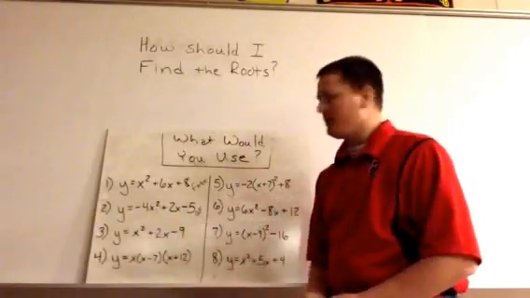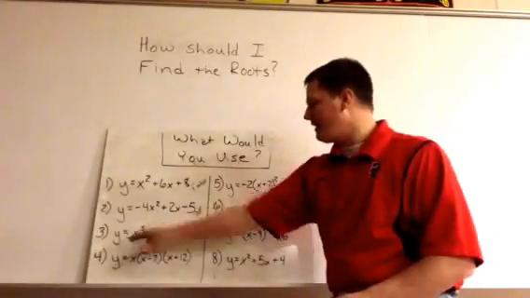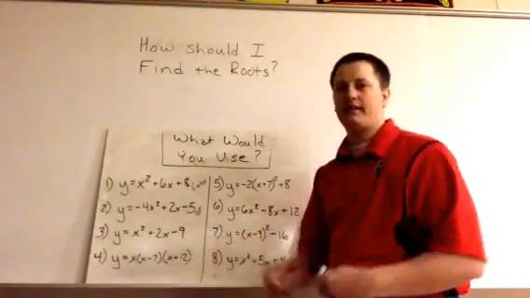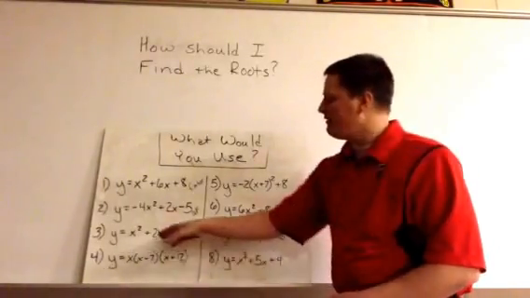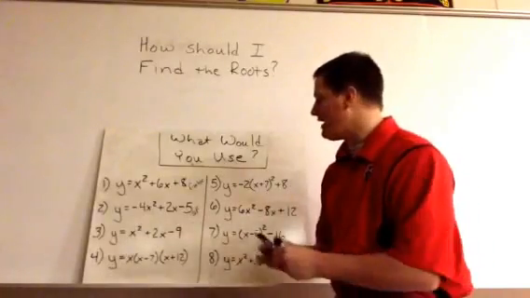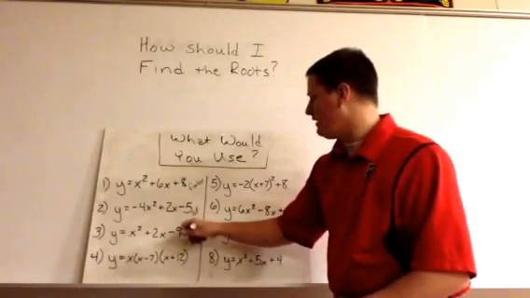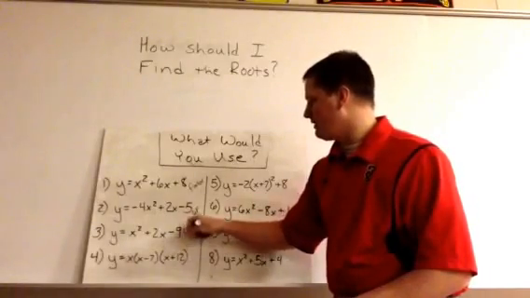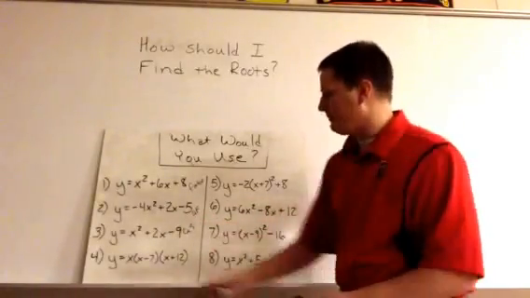For this one, what I've got is an a value of 1, negative 9. I can't really think of anything that creates negative 9 that would then make positive 2 when I add. So for this one, I would either use the quadratic formula as a fallback, or I would complete the square. CTS, complete the square.